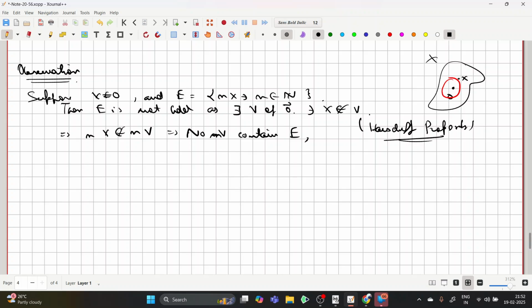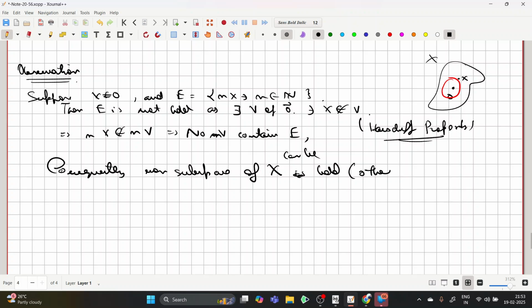But what does it typically speak as? So consequently, no subspace of X is bounded, or rather can be bounded, other than 0. Fine. Now you need to emphasize that what I have here is a subspace and not a subset, right?